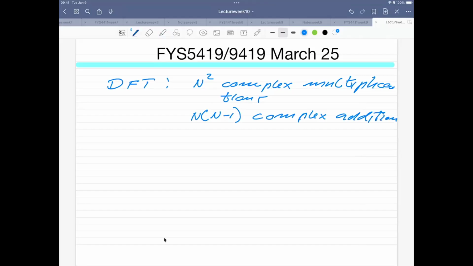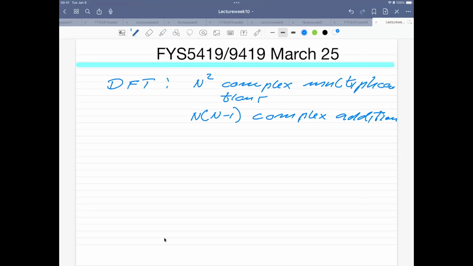A complex addition is actually 2 real floating point additions. A complex multiplication, on the other hand, is 6 to 8 real multiplications. So when you operate with complex variables, you're obviously penalized because you have more operations.